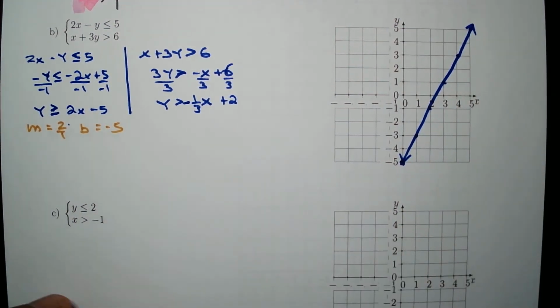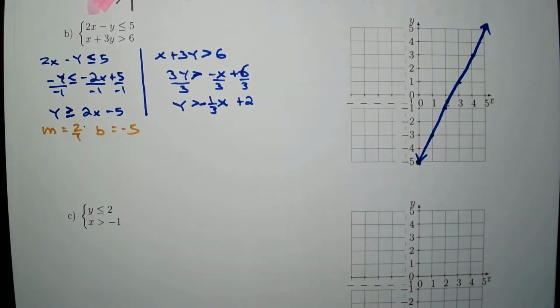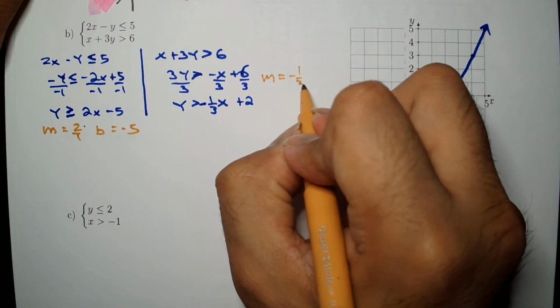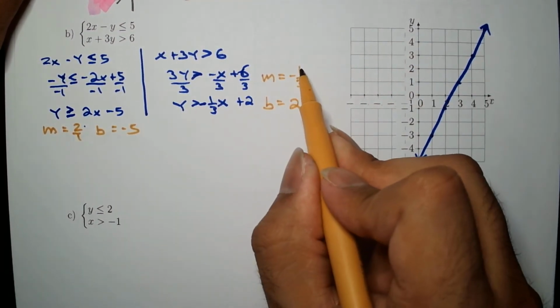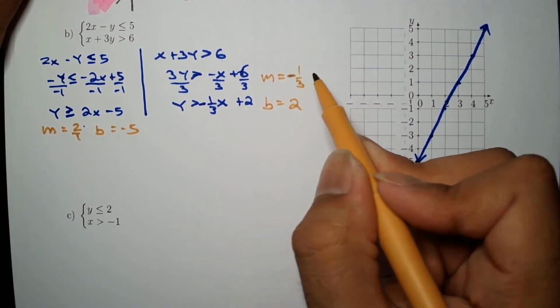And then let's do the next one. In this case, the slope equals negative 1/3, and the y-intercept equals 2. We go down because it's negative: the rise is going to be negative, and the run will be positive.